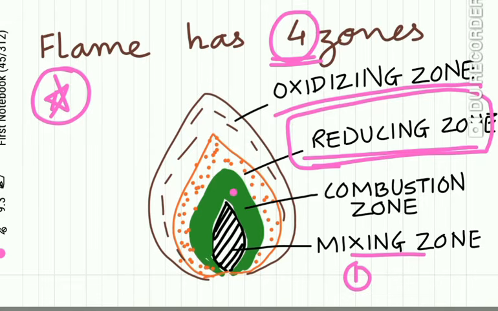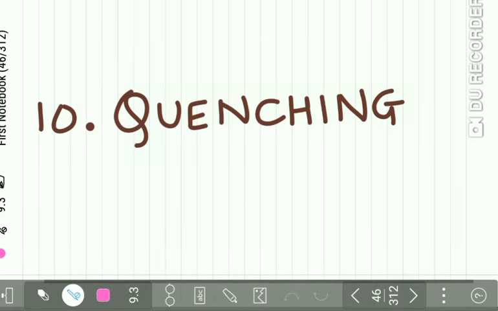This outermost zone is not used for fusion. It is a combination of gas and air. So, it causes oxidization of the metals. So, it is not used for melting the metals. But the reducing zone is used for melting the alloys.